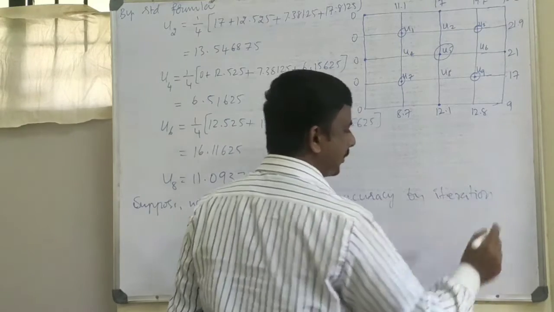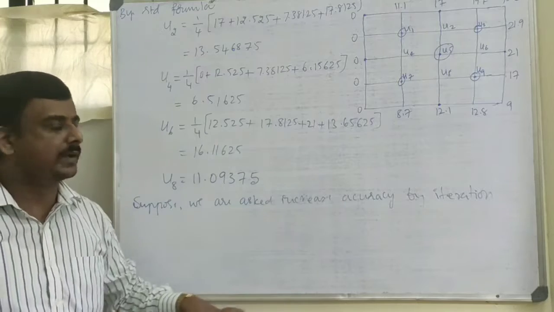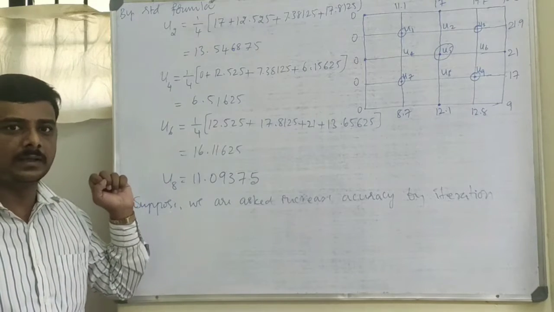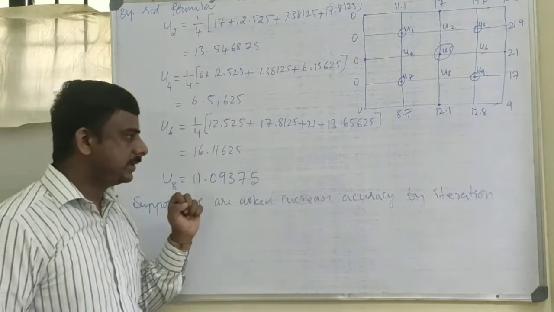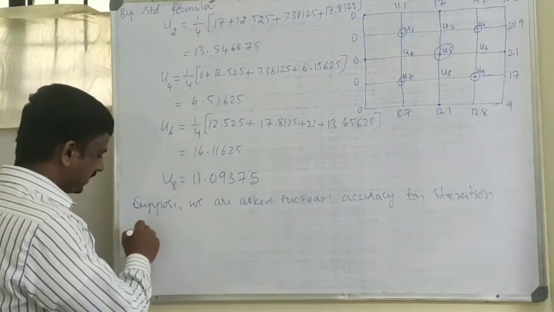I'll consider the same problem here. Suppose you are asked to find the accurate values by applying the iteration process. In that case, keep all these values and apply the standard formula.